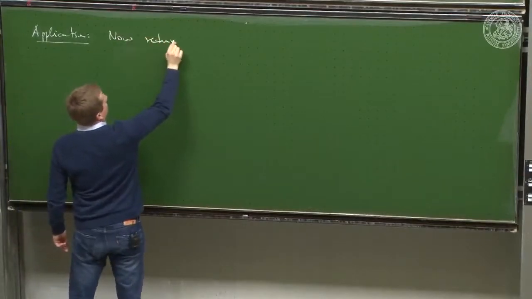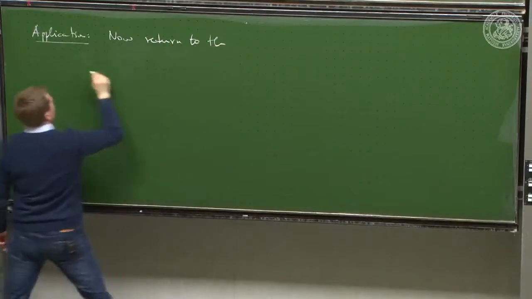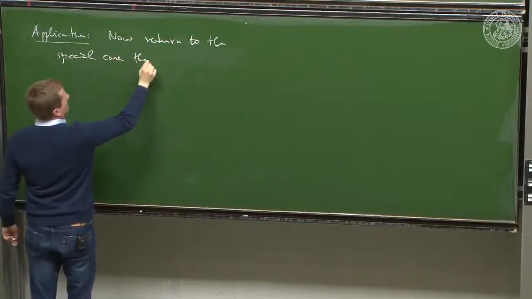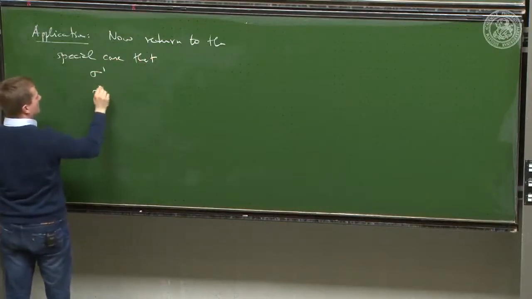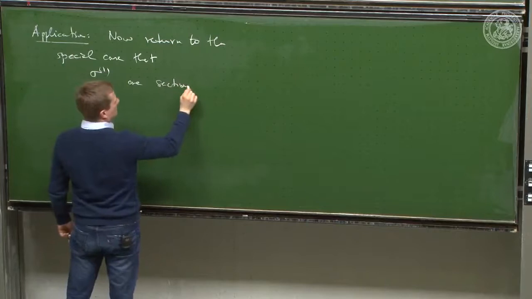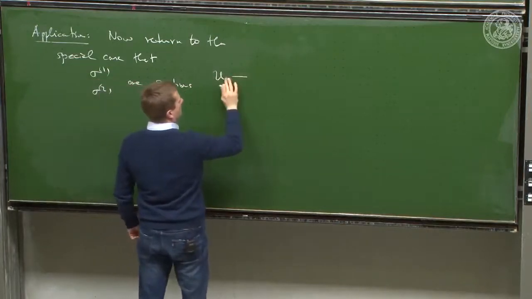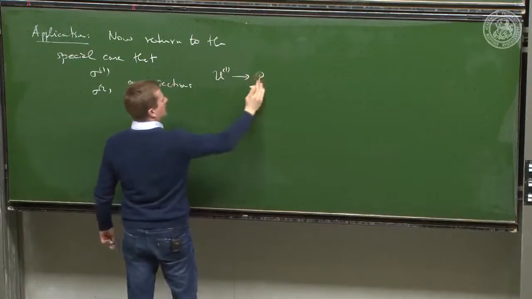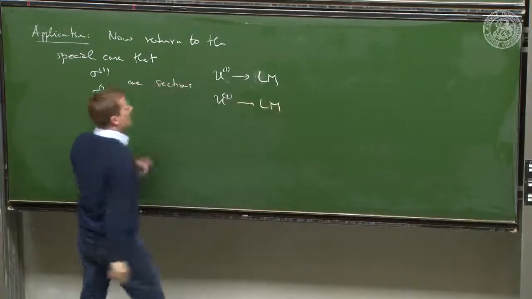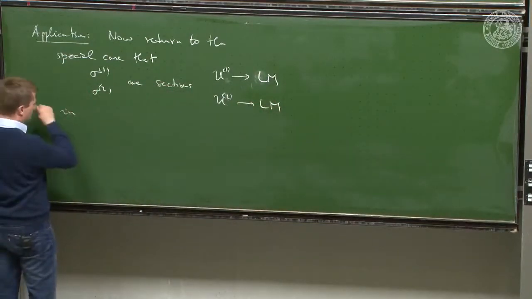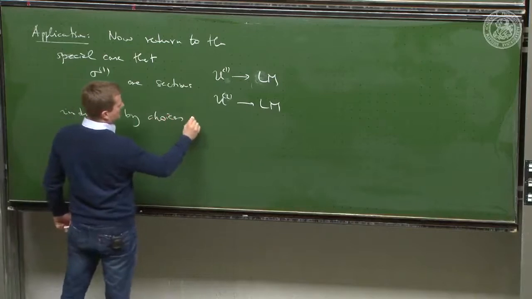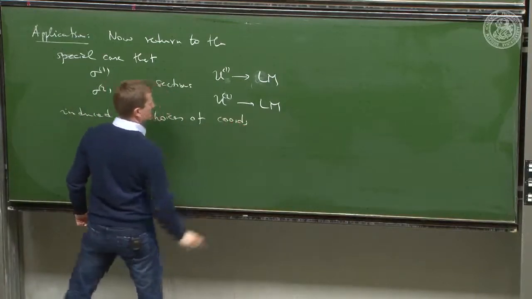Now return to the special case that sigma 1 and sigma 2 are sections from U1 to the frame bundle LM and U2 to the frame bundle, induced by choices of coordinates.